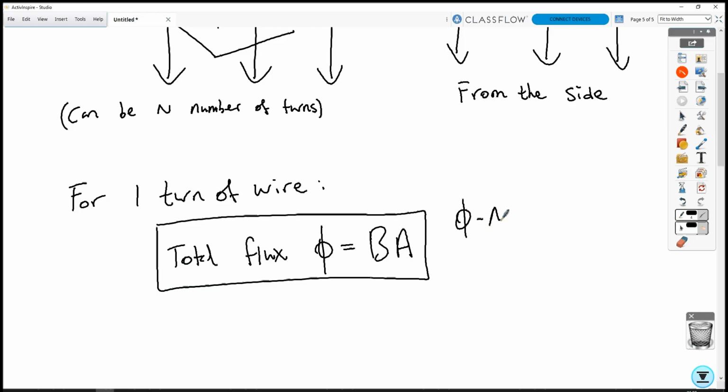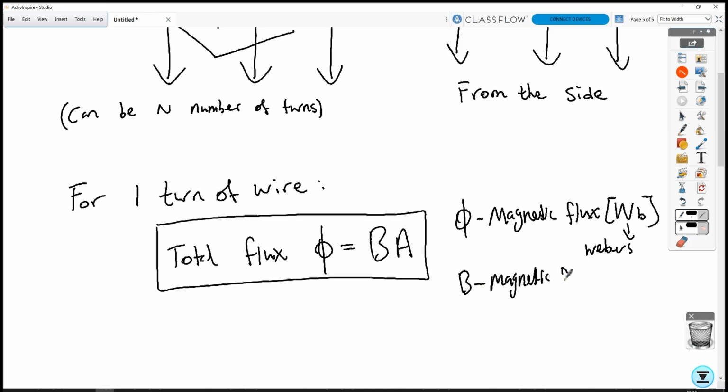Phi is the magnetic flux, and it's measured in units called Webers, Wb. And B, as you know from before, is the magnetic flux density, which has units Tesla.